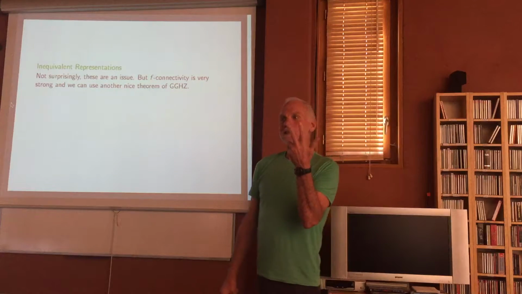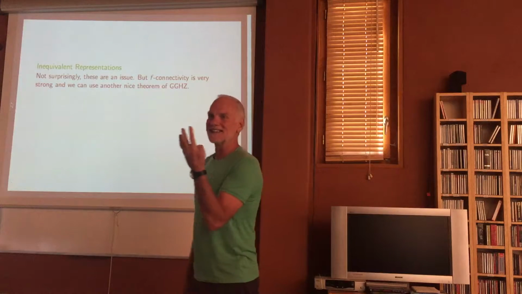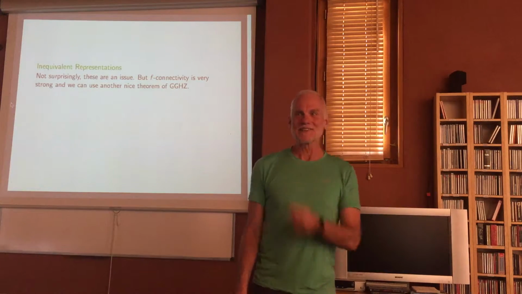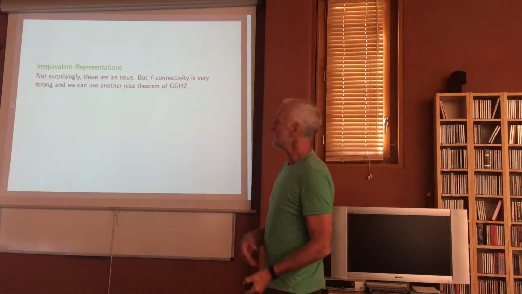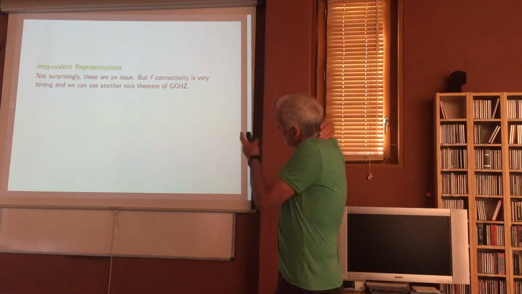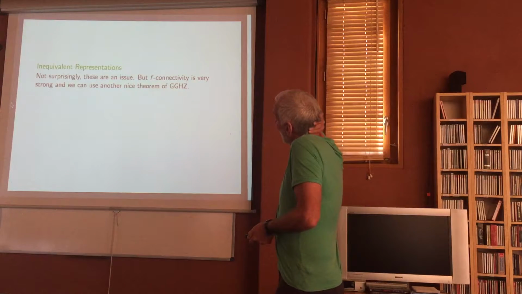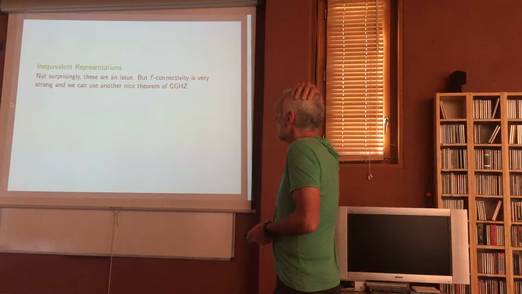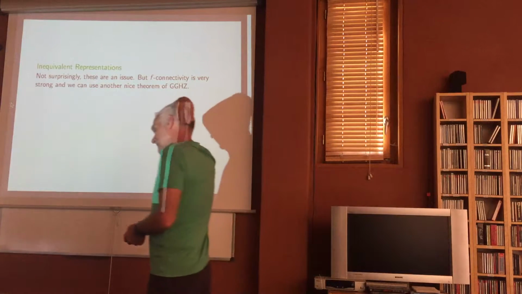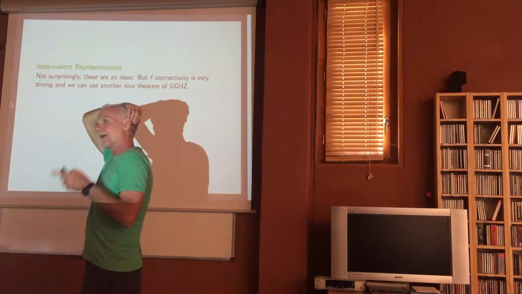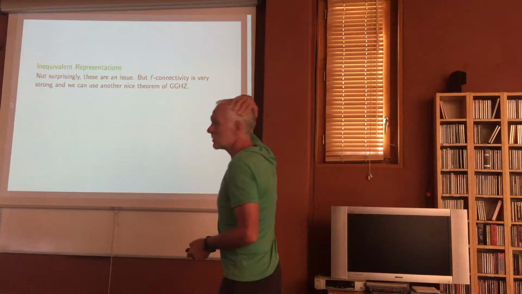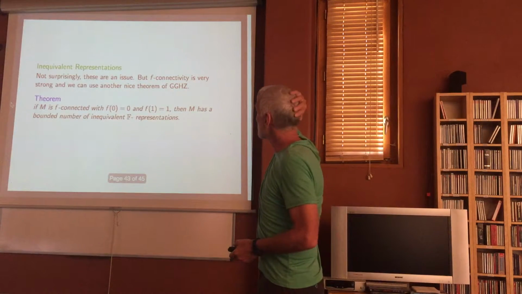What is the other thing that you will have come across if you've tried to understand the standard proofs of that? You'll have come across the famous problem of inequivalent representations. Right? And again, F-connectivity is very, very strong. And so F-connectivity is strong enough to actually control inequivalent representations.